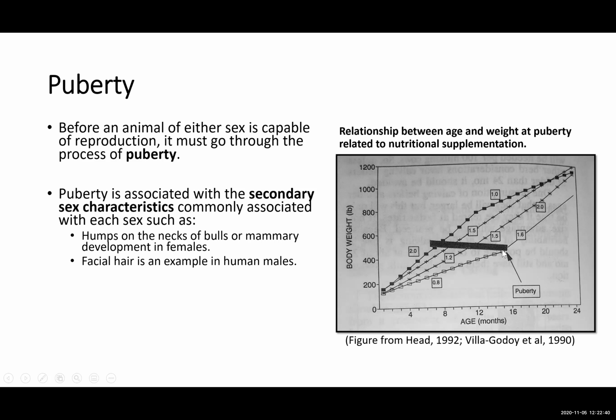This was in sheep, and the difference is about 9 months, which is a big deal when you're trying to get your animals bred so that you can have offspring, which would bring in money and increase productivity of your overall enterprise.